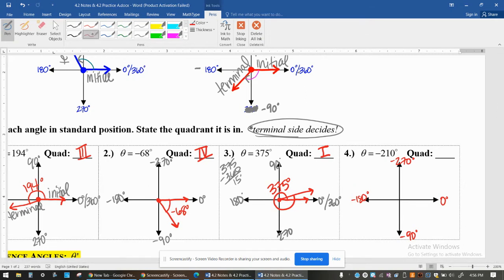So I'm going to draw it so that my angle is a little closer to 180 than it is to 270, right? So 210 minus 180 is 30 degrees. So we want to go about 30 degrees past 180. And that would be negative 210. That would be in quadrant 2.